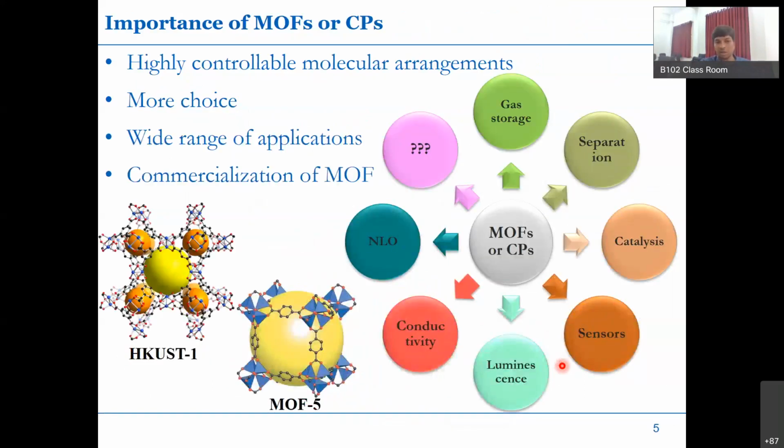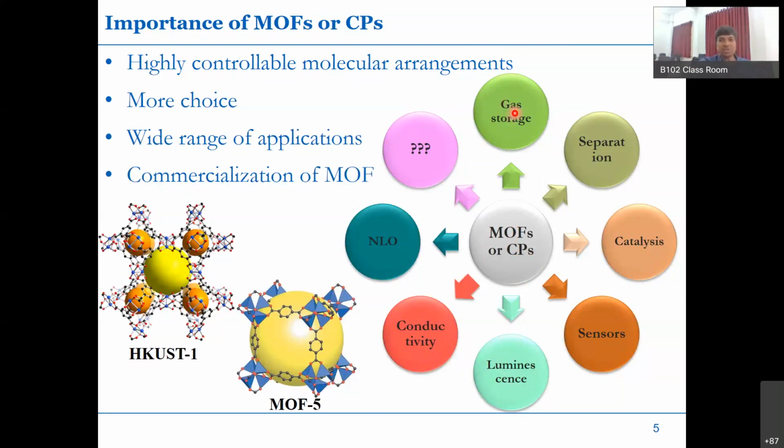If you look at the map, you can see the applications of these materials. It started with gas storage. As I said, there is a huge amount of porosity, and the whole field of research started with gas storage.